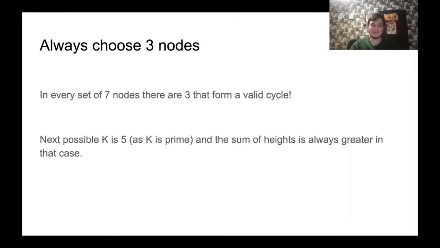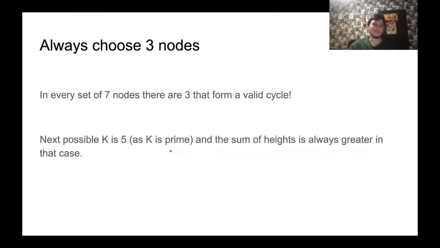And after that, we're going to show that we can always choose 3 nodes. We should remember that k needs to be prime, so we can't choose k equal to 4 or a smaller k, because k equal to 3 is the smallest case. And for k equal to 5, you can notice that the sum of heights will always be greater.